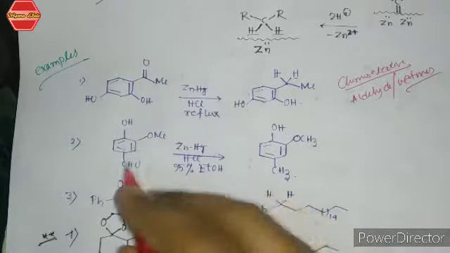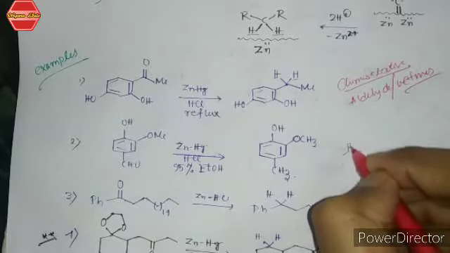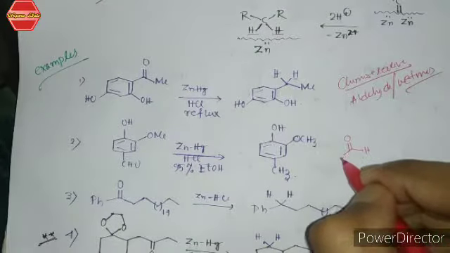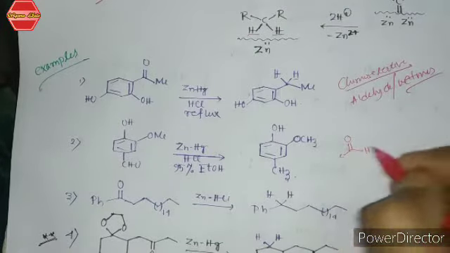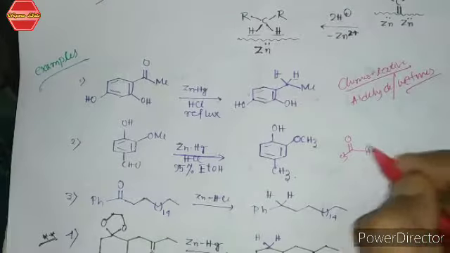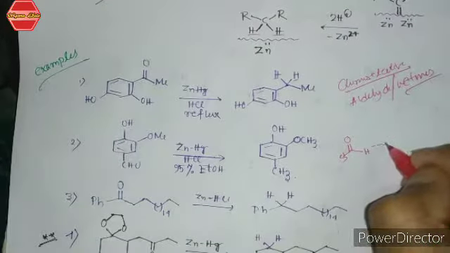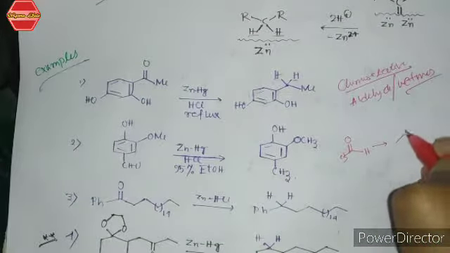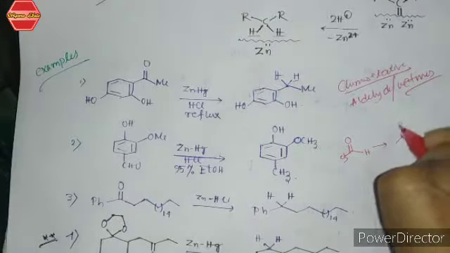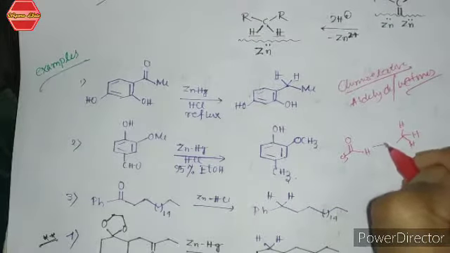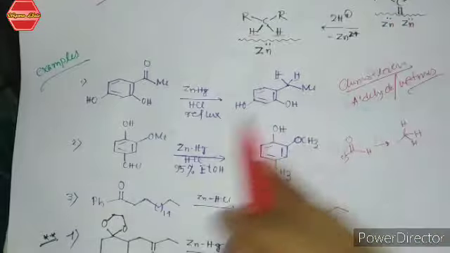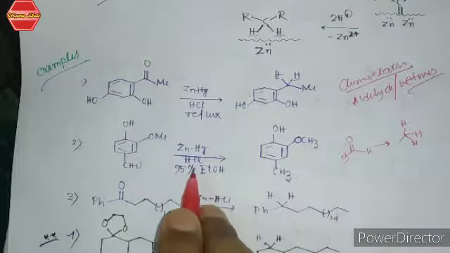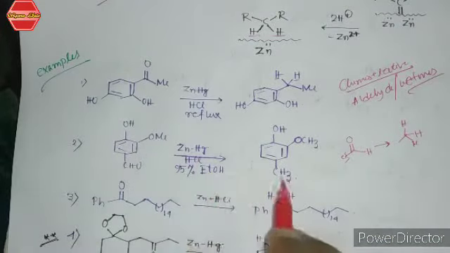Here is your double bond, here is your hydrogen, and this is your carbon. Sorry, this is your rest part. So this CH2 unit will reduce to this CH3 unit. We know how this reaction forms because we know the mechanism. So in presence of zinc amalgam in HCl, you get the reduced product of this.